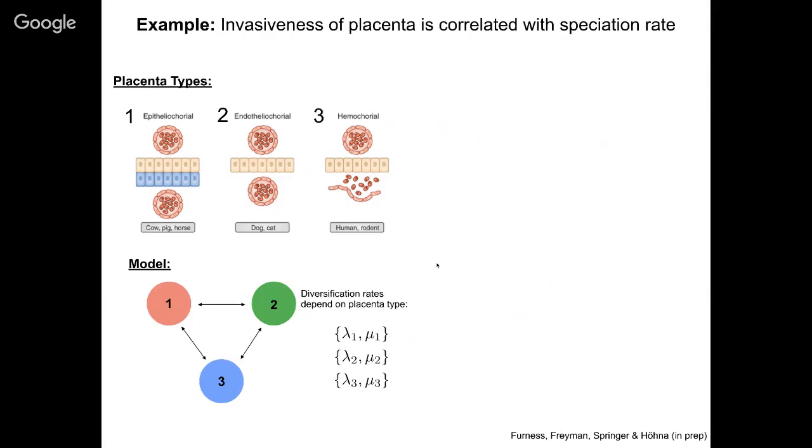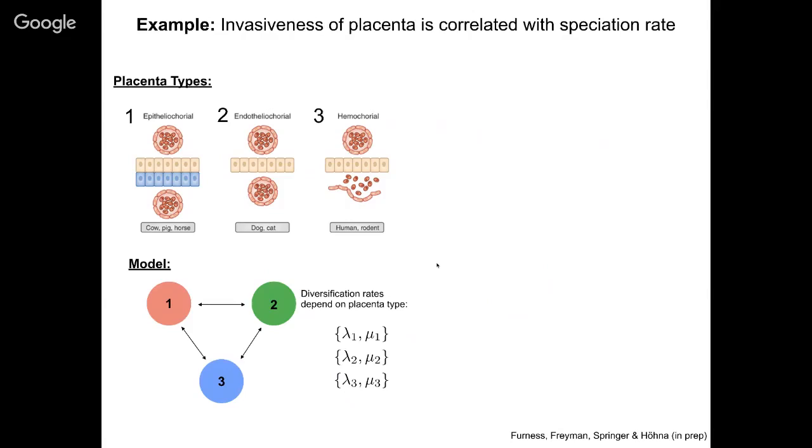One of the examples that I've been working on is looking at the invasiveness of the placenta type and checking if that is correlated with the speciation rate. For placental mammals, there are three major types of placenta. There's the epitheliochorial placenta that has the most cell layers. Then there's the endotheliochorial placenta type where you have few cell layers.